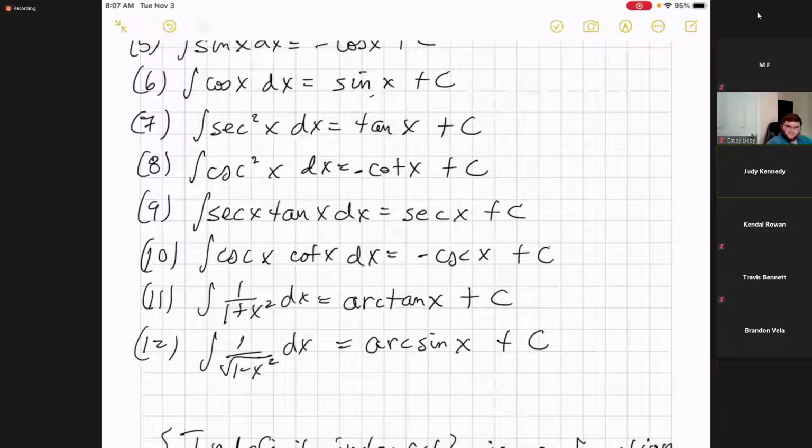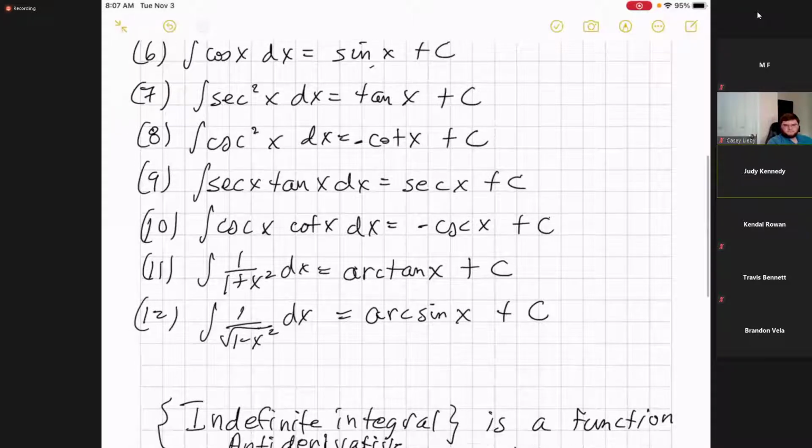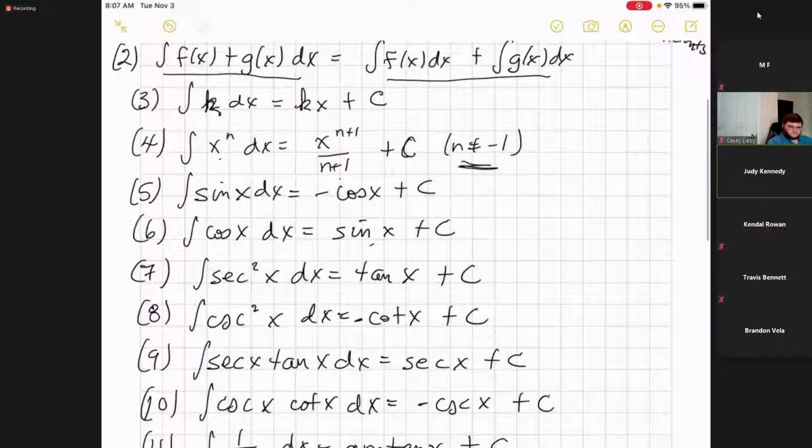Antiderivative of cosecant x times cotangent x is minus cosecant of x. Antiderivative of 1 over 1 plus x squared dx is the arctan of x plus a constant. And the antiderivative of 1 over the square root of 1 minus x squared dx is arcsine of x. Okay. So we have those so far.